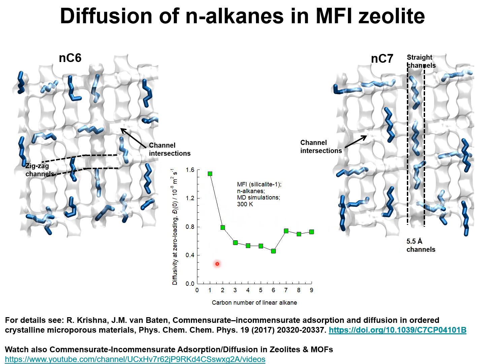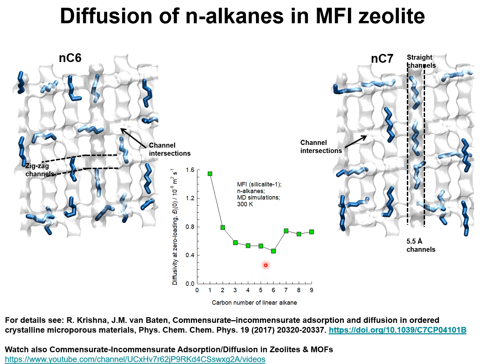I plot in this graph the diffusivity as a function of the chain length. We see that with increasing chain length, the diffusivity decreases up to a carbon number of 6. But when we go from 6 to 7, the diffusivity increases.